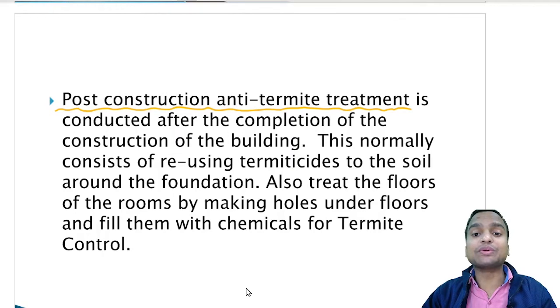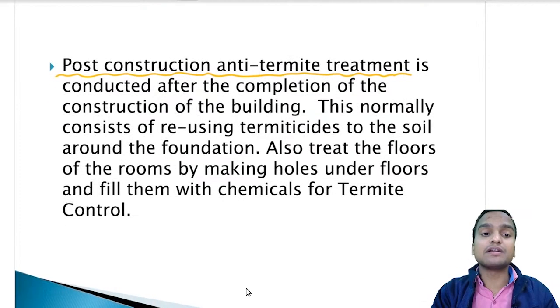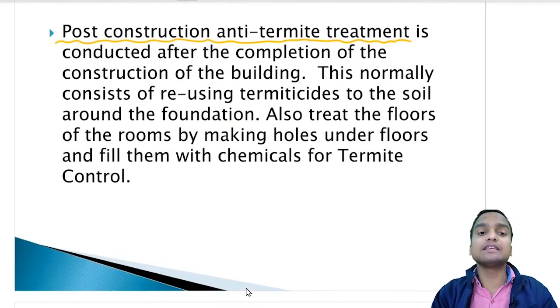So this normally consists of applying termiticides to the soil around the foundation. Here we treat the floors of the room by making holes under the floors and filling these holes with chemicals for termite control.